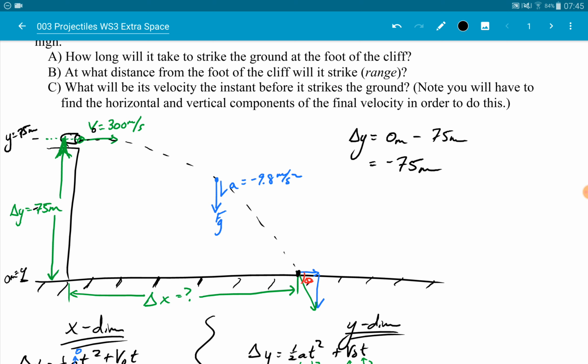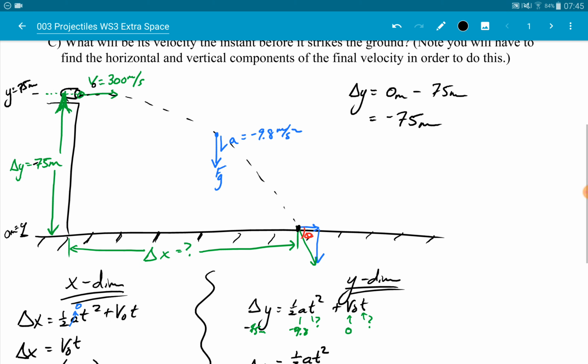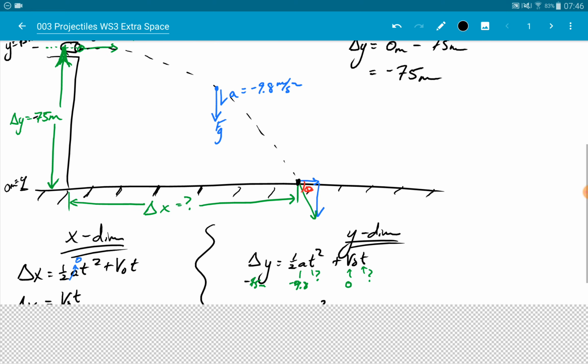We'll have to find the horizontal and vertical components to do this. Well, let's do one at a time here. Let's do the horizontal bit first, because why not? It starts at 300, and now what's happening in the horizontal dimension? Well, what's pushing and pulling on it in the horizontal dimension? We didn't identify anything pushing or pulling in the horizontal dimension because we don't have air resistance in any of these problems.